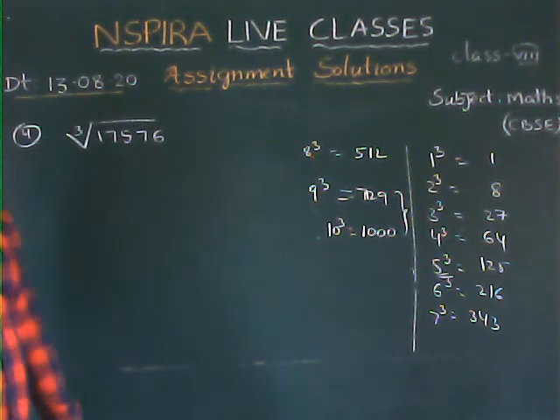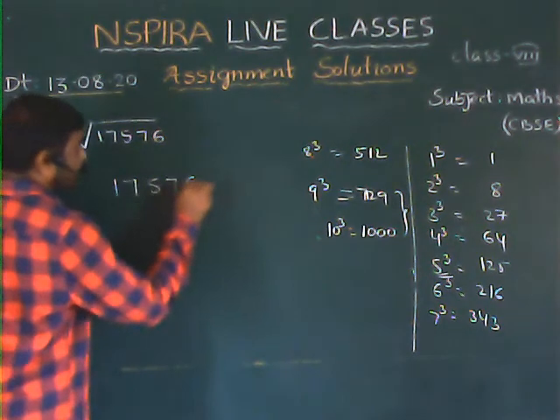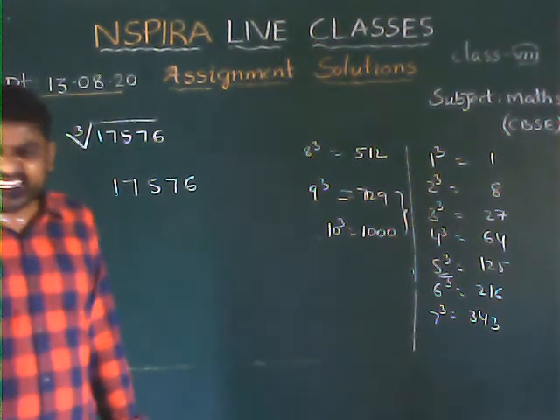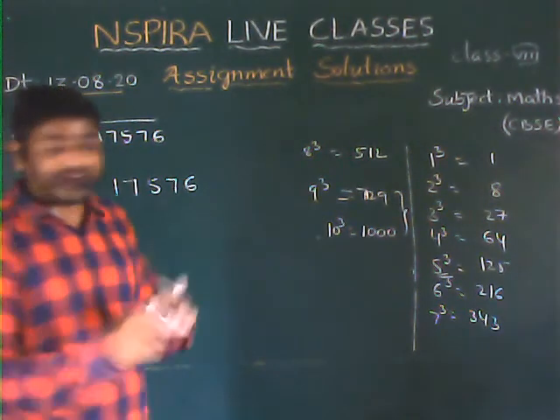Now what I said in the first step, we take the given number 17,576. We divide it as 3 digits as one group from right to left.